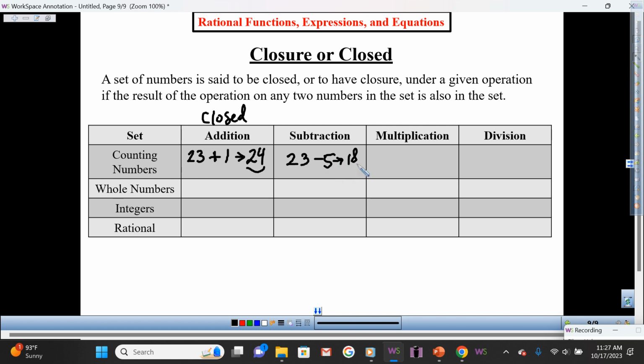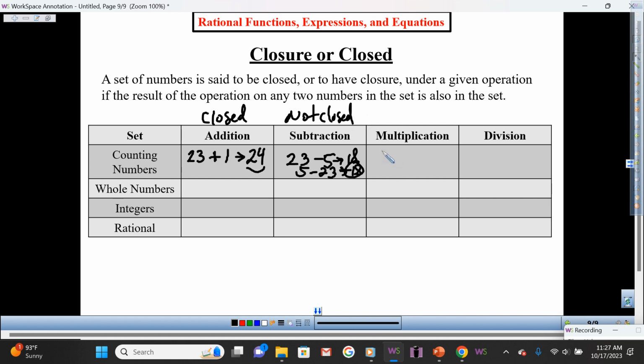Would it give us a counting number every time? How about if I do this: 5 minus 23. What number is that? Negative 18. Is negative 18 a counting number? No. So this is not closed, because at the end we get an integer.